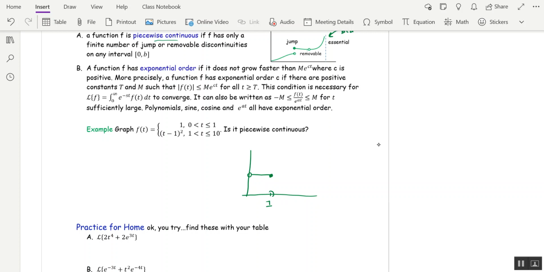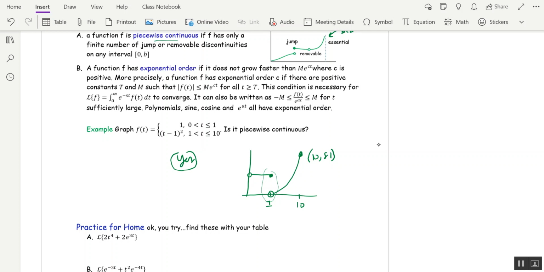So I'm going to put a hollow dot there and then go up in sort of a parabolic arc. Here's 10. And this dot would be 10 comma 9 squared is 81. So that's what the function looks like on the interval from 0 to 10. Is it piecewise continuous? Yes. It's got a jump discontinuity right here. That's fine. No asymptotes. We're good to go.